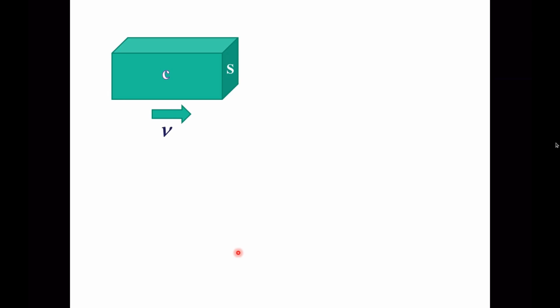And this is the velocity of the ions. The flow of these ions is equal to the velocity of the single ion multiplied with the cross section and with the concentration of the ions.